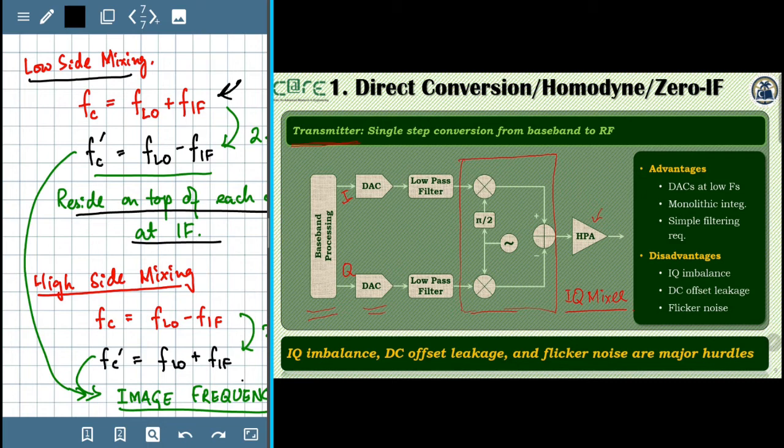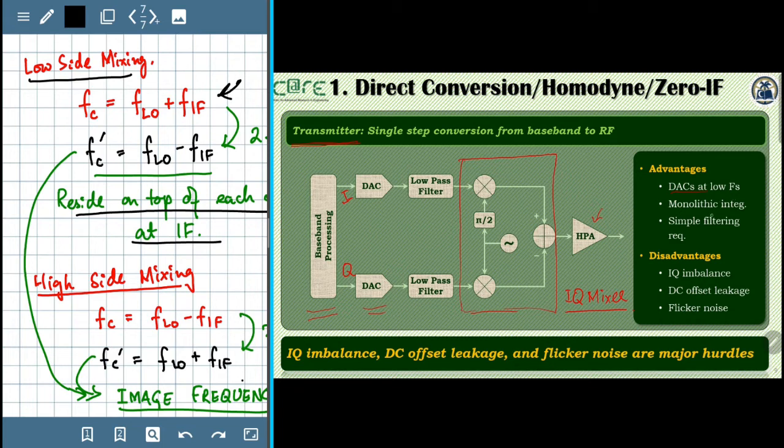over the wireless channel. Now, the advantages of this architecture include, besides being conceptually simple, that it employs DACs that are operating at very low fs, and the benefits will get more and more clear as we move on and have a look at other architectures. The DACs in this architecture need to operate at the bandwidths determined by the baseband signal, not the IF or even the RF frequencies, so these are considerably lower.